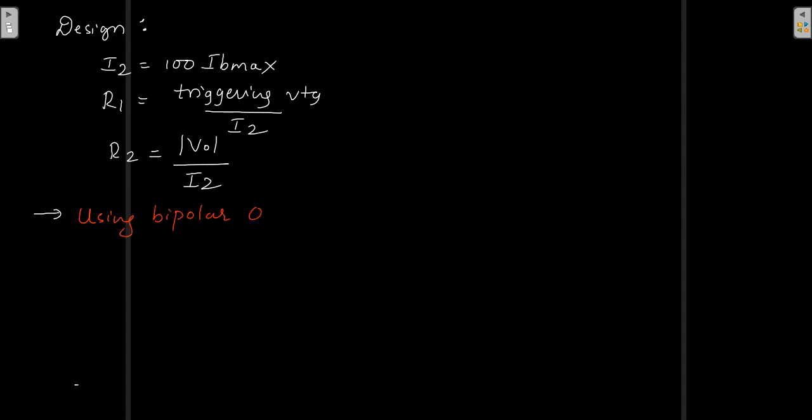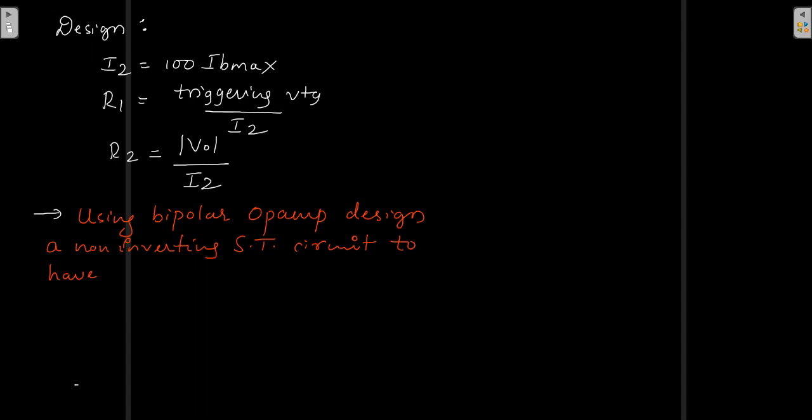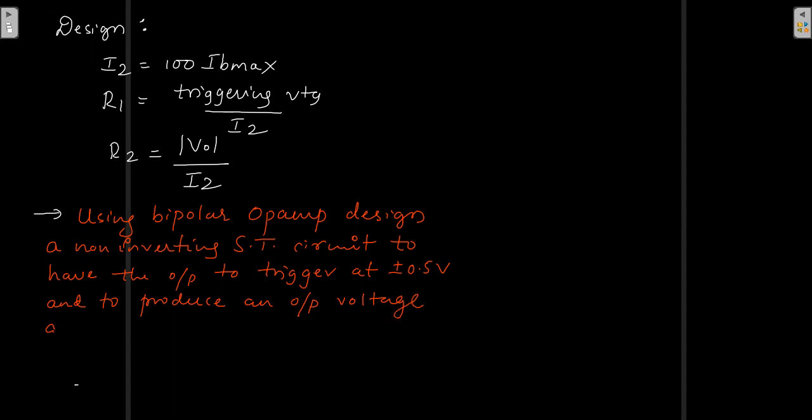Using bipolar op amp, design a non-inverting Schmitt trigger circuit, ST stands for Schmitt trigger, to have the output trigger at plus or minus 0.5 volts, and to produce an output voltage approximately equal to plus or minus 14 volts.